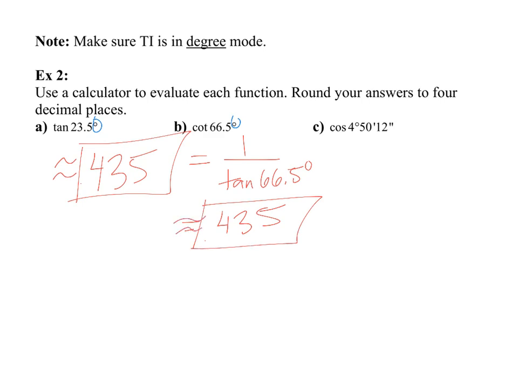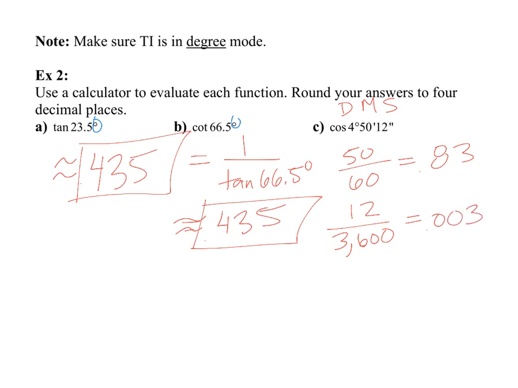Approximately. And for part C, here we have DMS form, degrees, minutes, seconds form. So let's convert this into a decimal first. I take the 50, I divide it by 60, and I get 0.83. Then I take 12, I divide by 3,600, and that's equal to 0.003.